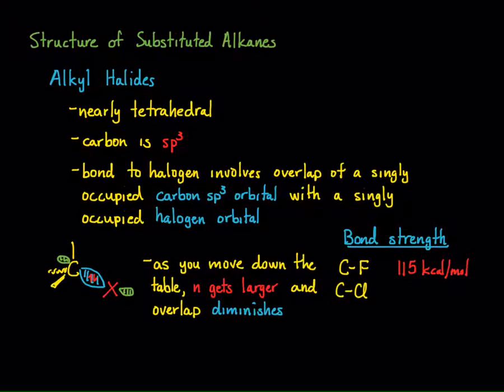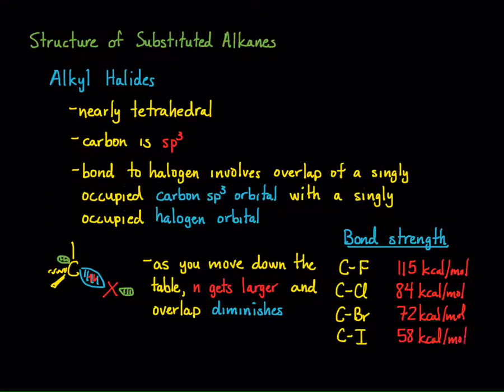Now when we move to carbon-chlorine, chlorine is in an n equals 3 shell, and we would expect that bond strength to weaken, and as a matter of fact it does. And you can see this trend follow. The carbon-bromine bond is weaker at 72 kilocalories per mole, and when you get to carbon-iodine where n equals 5, you see a huge reduction in the bond strength.